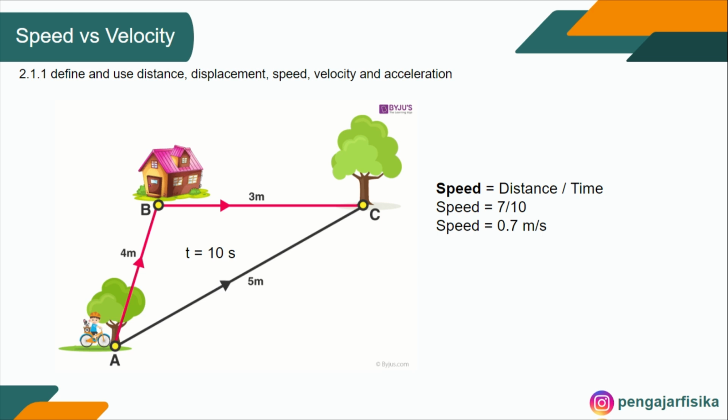Velocity, on the other hand, is the displacement divided by the time taken, making it a vector quantity. Velocity not only tells us how fast the boy is moving, but also in which direction. So the velocity of the boy is 0.5 meters per second.